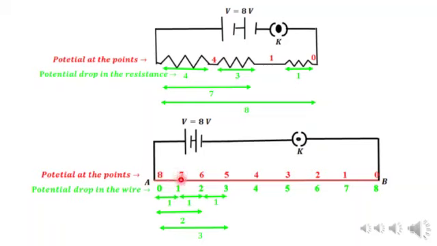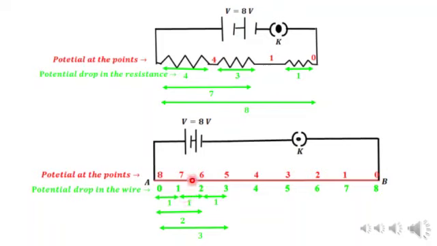Again, 1 volt drops in this length, so potential at this point is 6 volt. Since 1 volt drops here and 1 volt drops here, the total potential drop in this length is 2 volt.